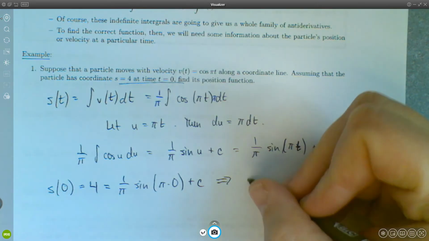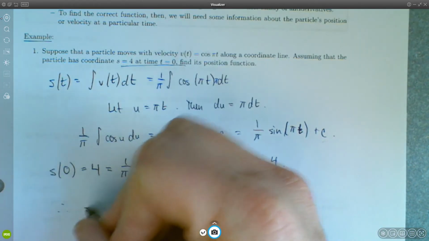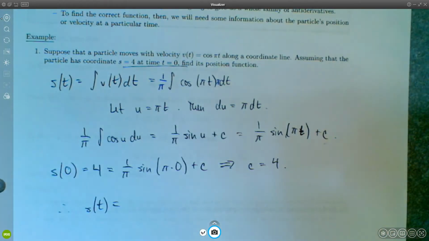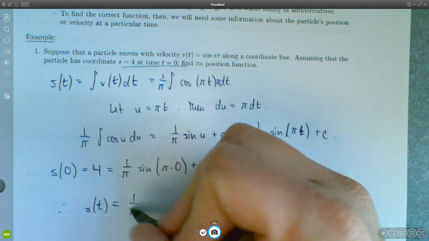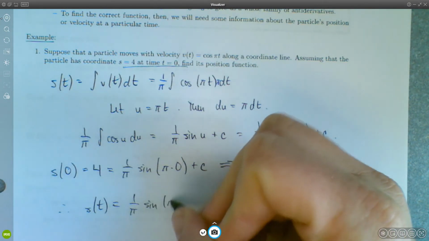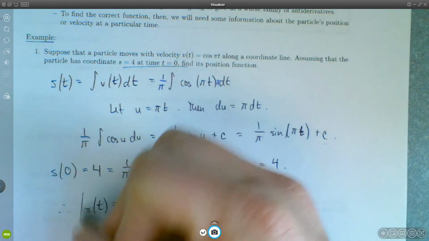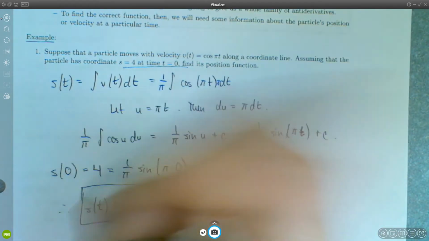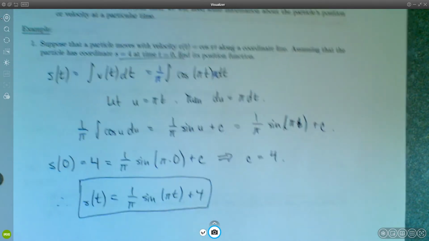And so we just get c equals 4. So therefore, the position function should be 1 over pi sine pi t plus 4. Okay, and that's that. So pretty straightforward.